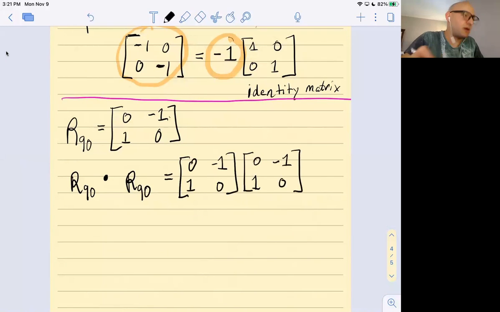This is kind of the heart of this idea. That's really neat. And then tomorrow we'll discuss some stuff with determinants. I'll give you guys a few minutes to do this, and message me when you got R90 times R90.